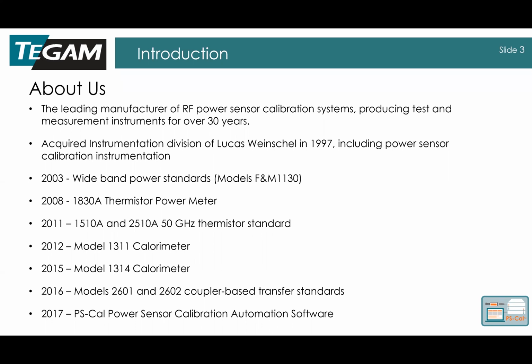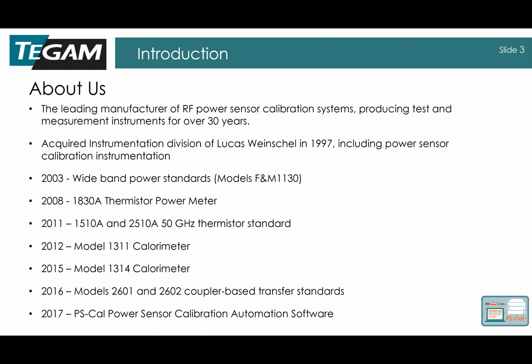The next items on the list are actually some of our high power calibration instrumentation. So in 2012, we had a model 1311 calorimeter. That one, I believe, is a 250 watt calorimeter. In 2015, we commercialized that package into the 1314 calorimeter, which is certainly a 250 watt calorimeter.